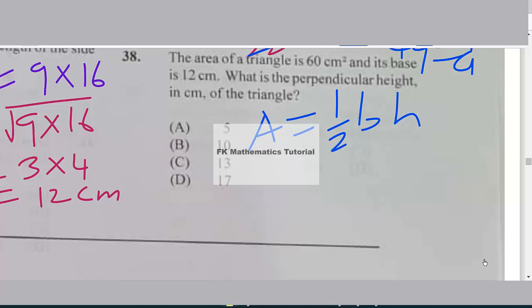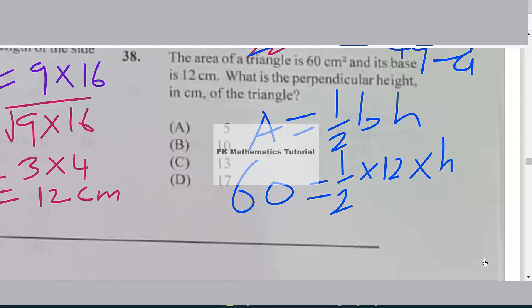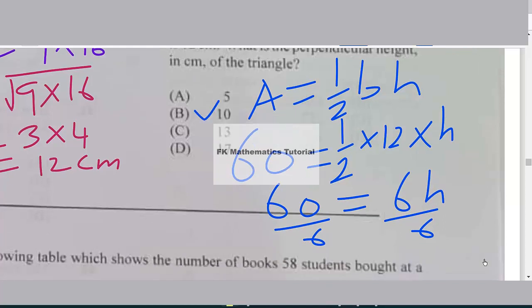Now the area is given as 60 centimeters squared, and we know the base is 12. We don't know the perpendicular height, so it means 60 is equal to half of 12, which is 6, times height. So divide both sides by 6 and you get 10. So the height is 10.